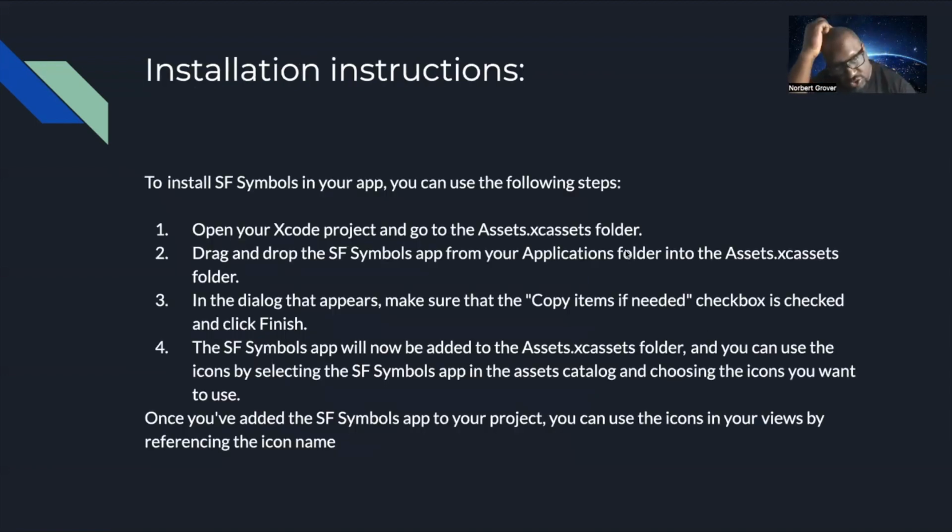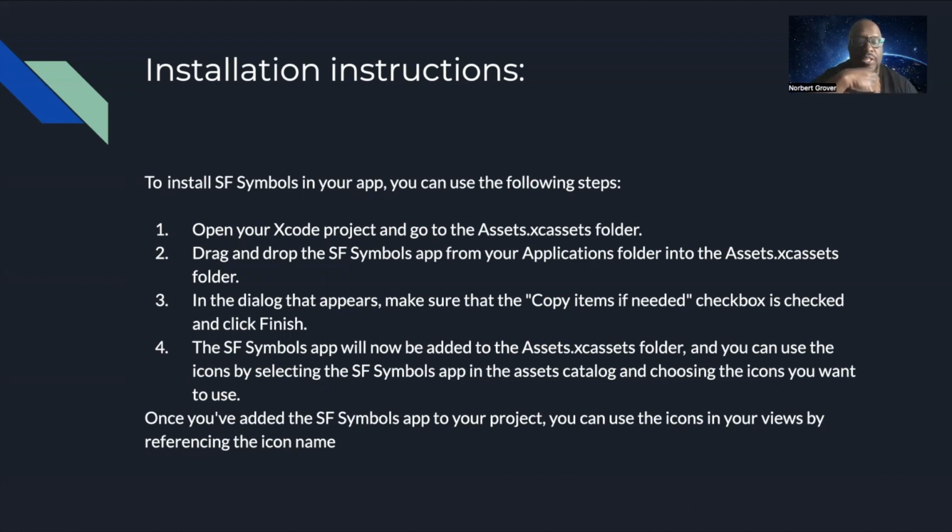So installation instructions: if you're going to install SF Symbols in your app, you can do the following steps. Open up your Xcode project, go to the Assets.xcassets folder, and drag and drop the SF Symbols app from your Applications folder into your Assets.xcassets folder.